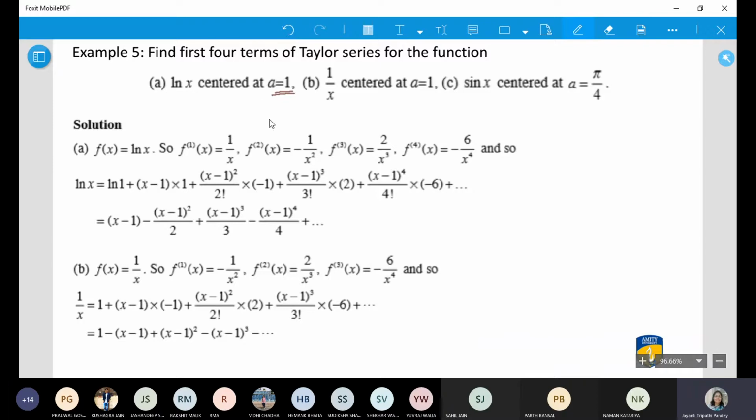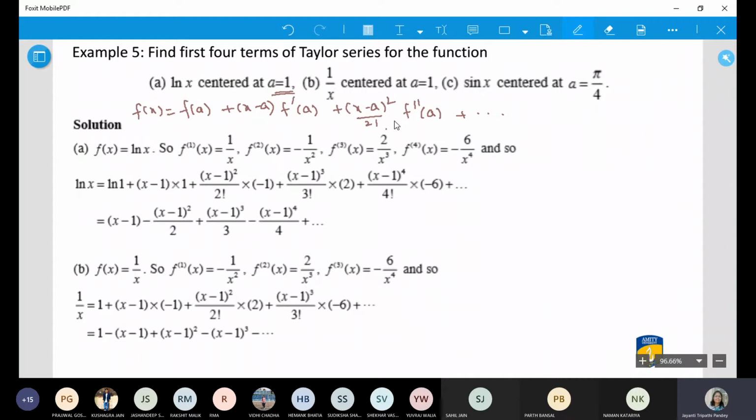So when you have to expand about a particular point, the expansion that you will use is this: f(x) is equal to f(a) plus (x minus a) f dash a plus (x minus a) square upon factorial 2 f double dash a, and so on. When will you use this expansion?